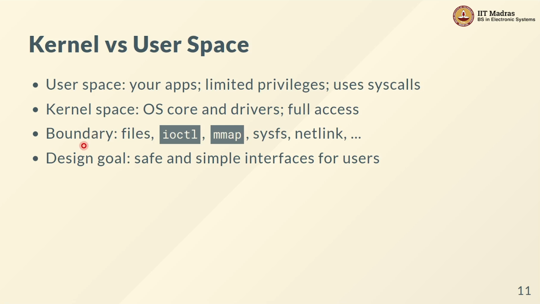Now, on the other hand, syscalls themselves need to be handled, meaning that they actually have to do some work. That is done in kernel space, right? This is basically the core operating system and the device drivers, and they have full access to the system, to the hardware connected with the computing system, which means that the core OS can technically go and read any file, right? It can activate or deactivate any of the network interfaces, and can access any part of memory that's available in the system.